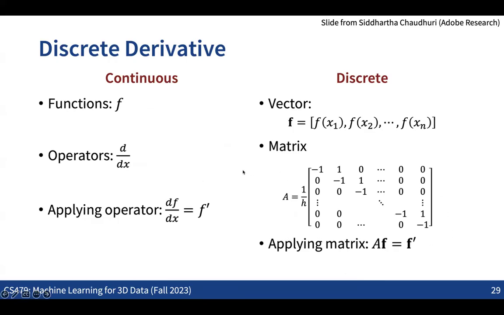Also, when you apply this operator to one specific function, the output becomes another function, which is the gradient in this case, and that should also be represented with another vector in the discrete setup. So we are making this conversion from the continuous to the discrete setups. Make sense? Any questions on this?